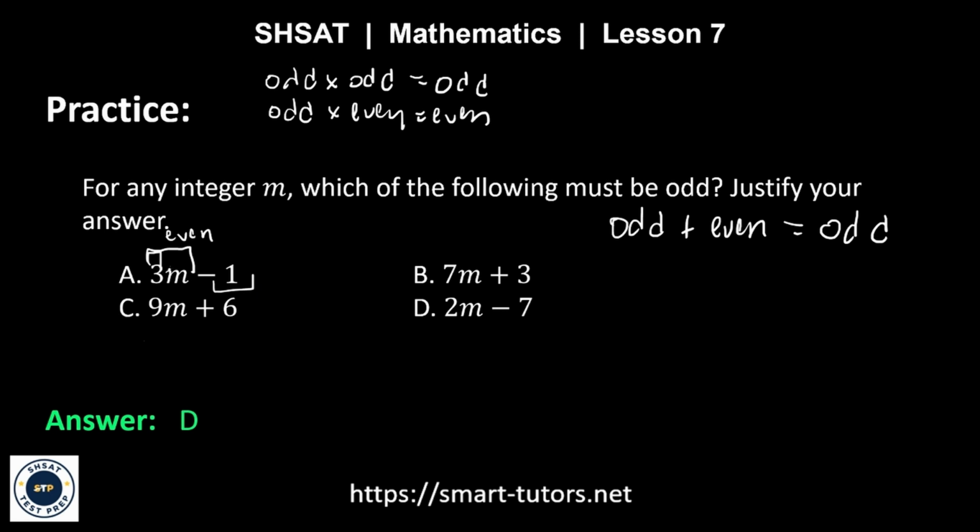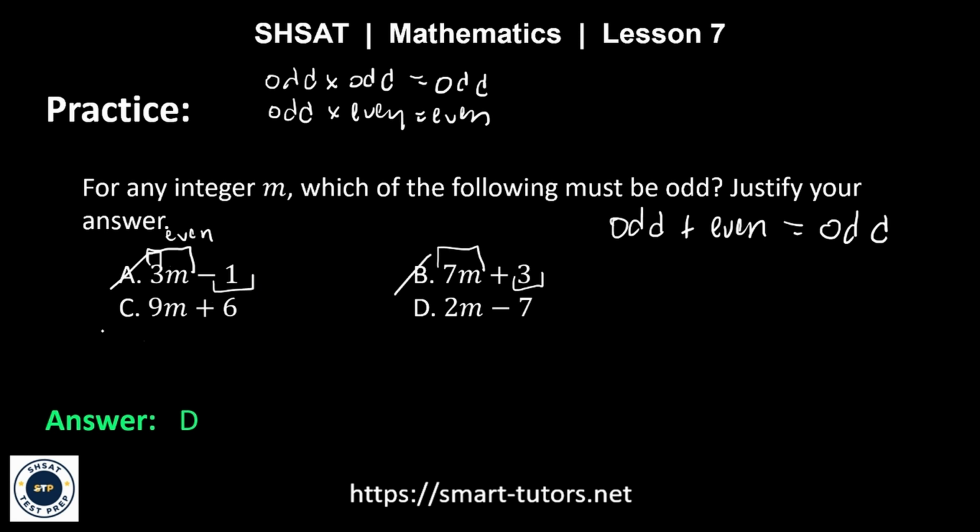But we have no way of knowing if this is going to be even or odd, so this must not be the answer. It's the same case for B, because we have an odd number, 7, and we have no way of knowing if this is going to give us even or odd, because odd times even or odd will give us different answers.